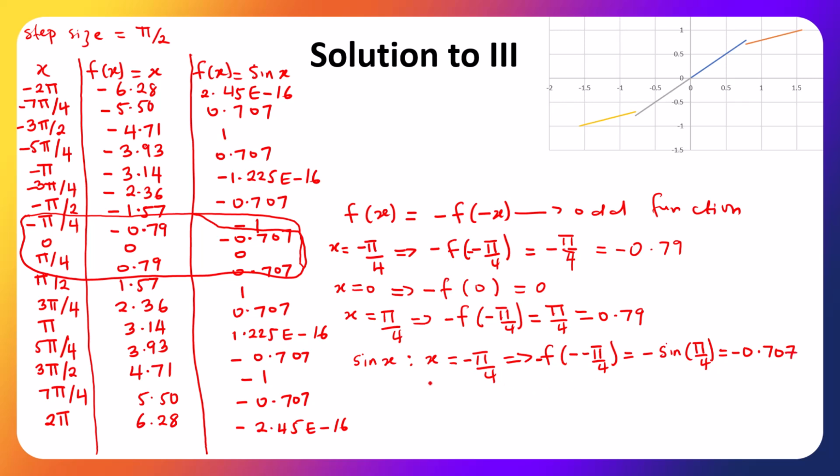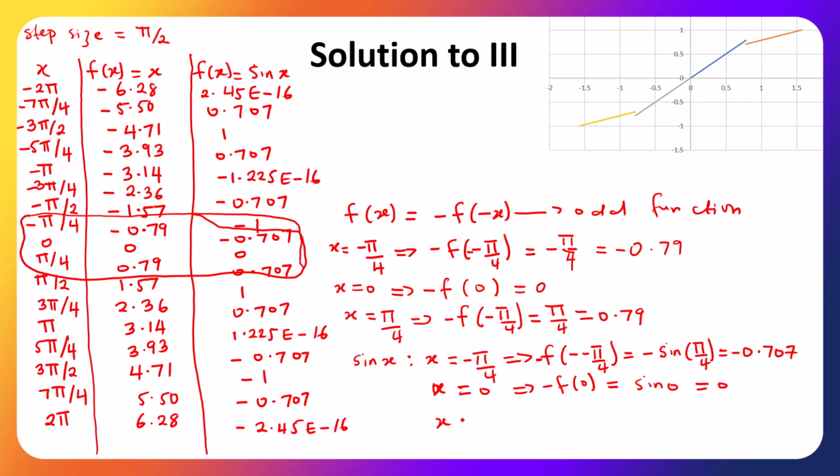Also, when x equals 0, we have minus f of 0, which gives us sine of 0, and this is 0.